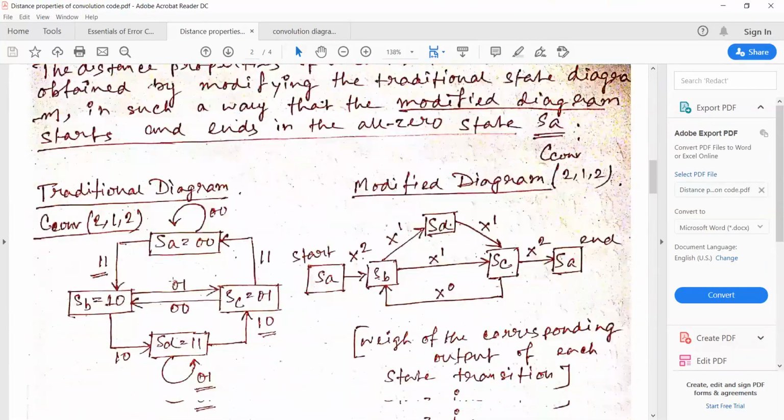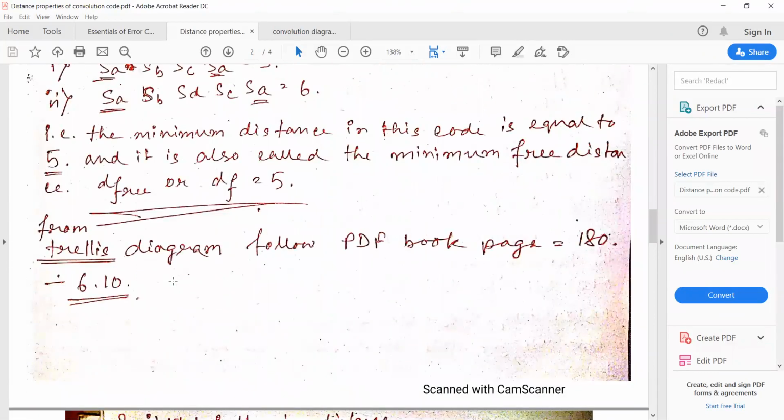Now, to see how to calculate it from the trellis diagram, you have to follow the PDF book, where the page number is given, which is 180. I've already sent you the PDF. You know that from the trellis diagram, how we will calculate the minimum Hamming distance.